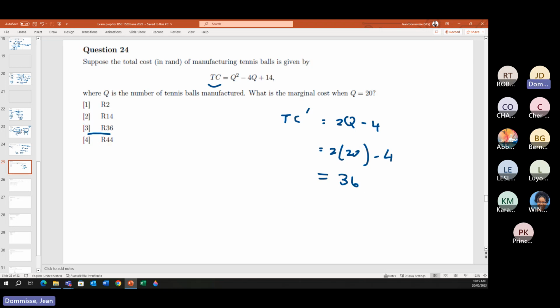Okay, so if you just put in 20 into this function, luckily it would not have worked, because then it would have been something like 400 minus 80. So at least there would not have been an answer for you to get to.